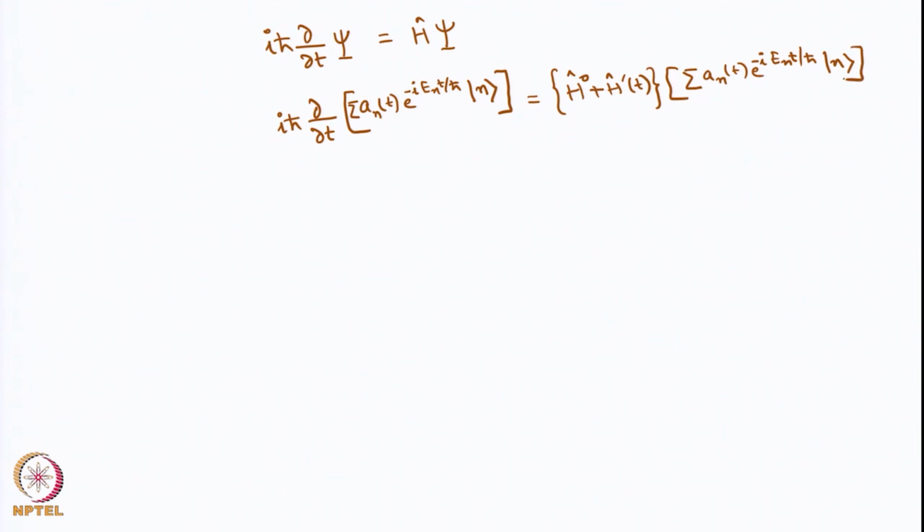Okay. Now once again here we have two sides, LHS equal to RHS. So what we will do is evaluate LHS and RHS separately and then equate them at a later stage. Okay. So let us start with LHS.